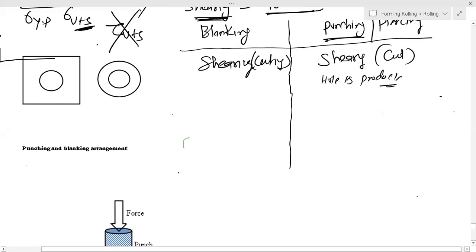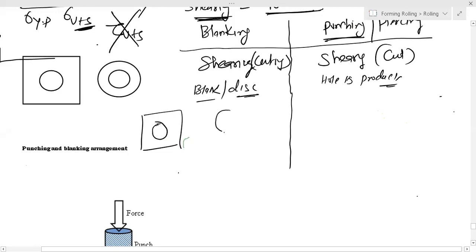And here, if you want to get a sheet or a blank or a disc, suppose you want a blank or disc, you have to shear it.